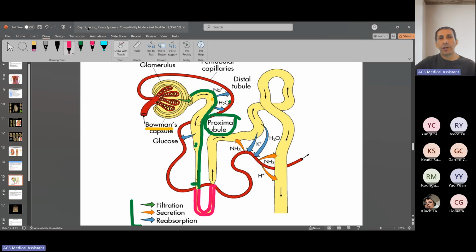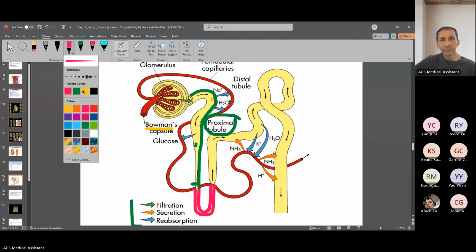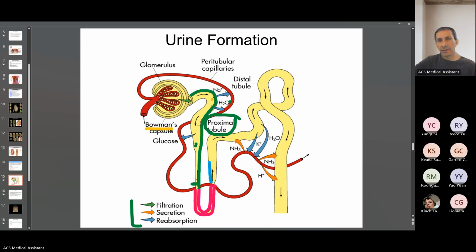Now, the next part, let me put it blue. This one is going to be the distal tubule, up to here. So all these will be the distal tubule.